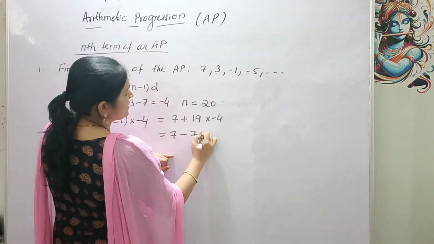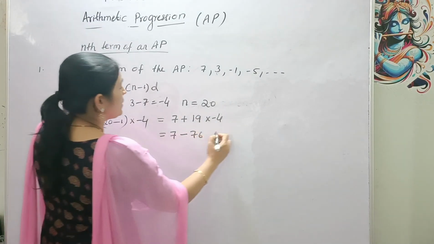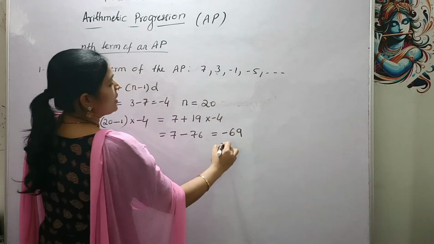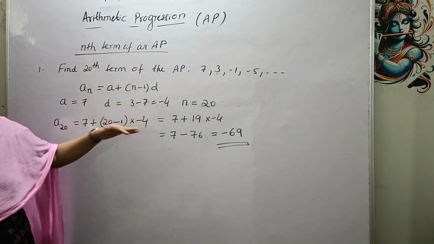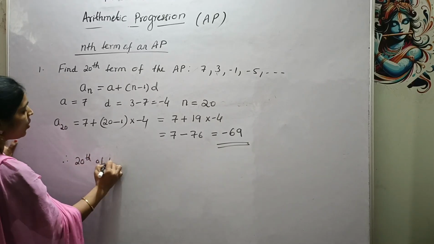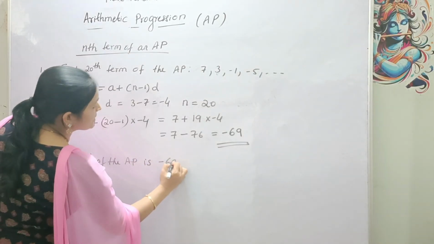So minus 76. Okay, 19 into minus 4 is minus 76. That is equal to minus 69. So here minus 69 is the 20th term. Okay, therefore the 20th term of the given AP is minus 69.